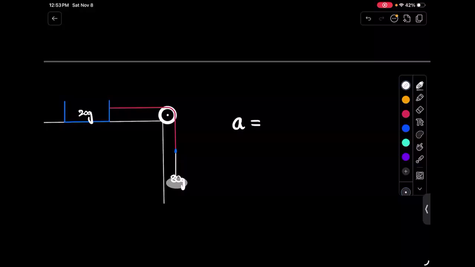Yes, Kaima, what did the acceleration come out to? So can you please give me a second? Okay.